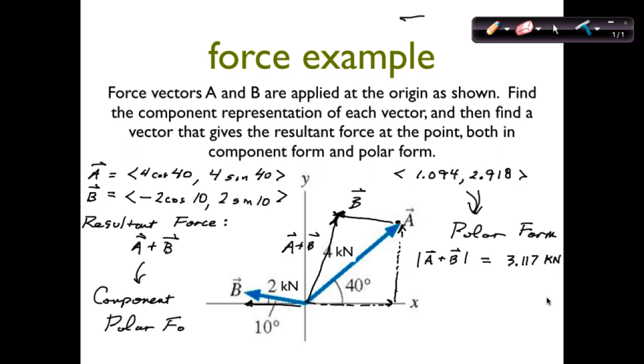Good. And then what about the direction? How did you come up with the direction? Steven? 69.4 degrees. And how did you get that? I took the tangent of 2.918 over 1.09. Close, but not the tangent. Arctangent, right? Yeah, so you did it right.